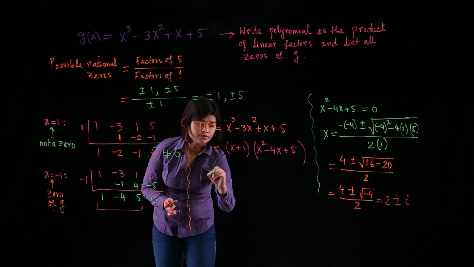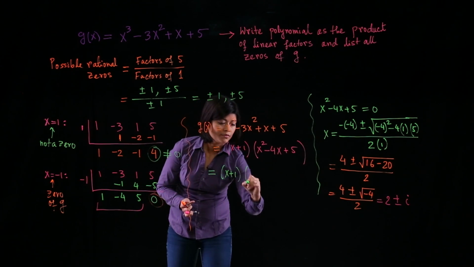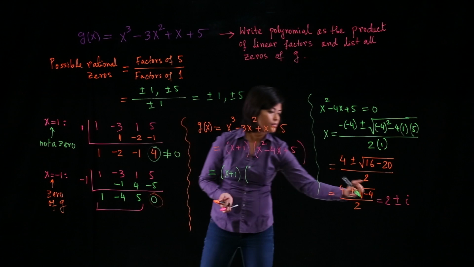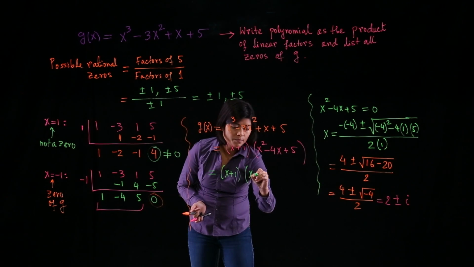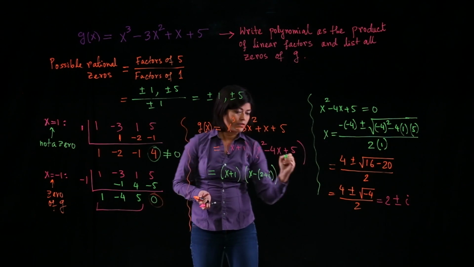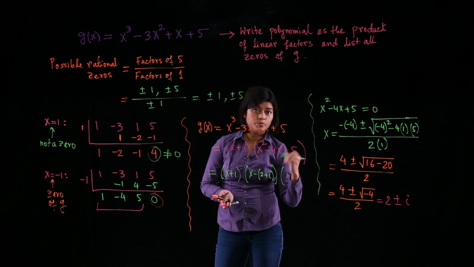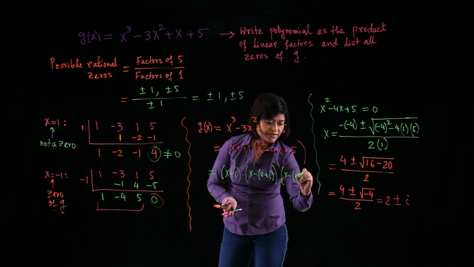So let's do that. We already have x plus 1. Now the next factor will be corresponding to the zero 2 plus i. So we get x minus (2 plus i). And the last one corresponding to 2 minus i. So x minus (2 minus i).